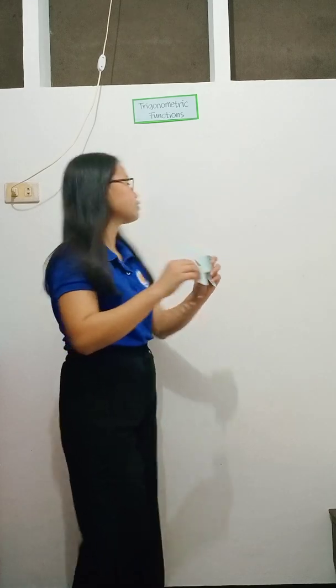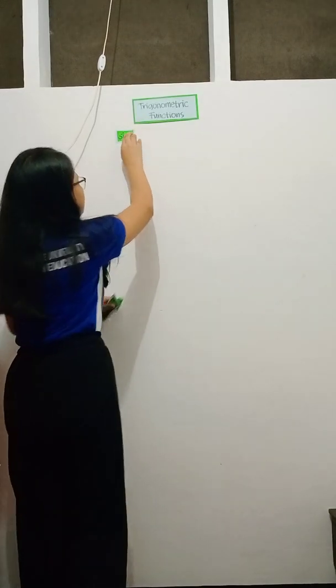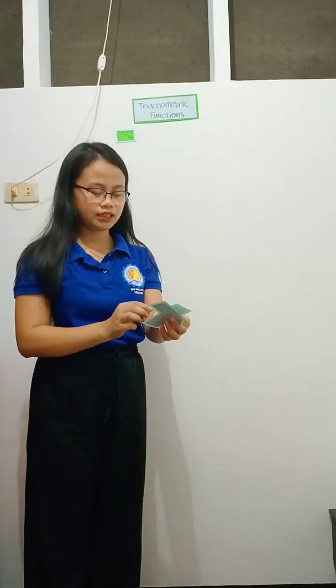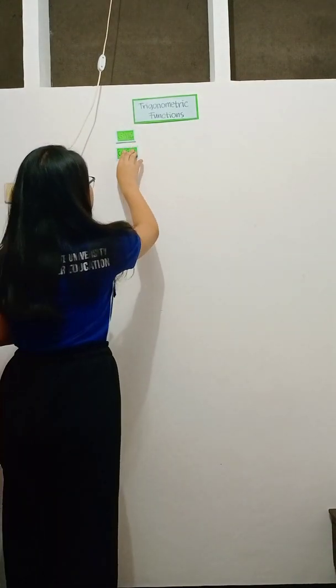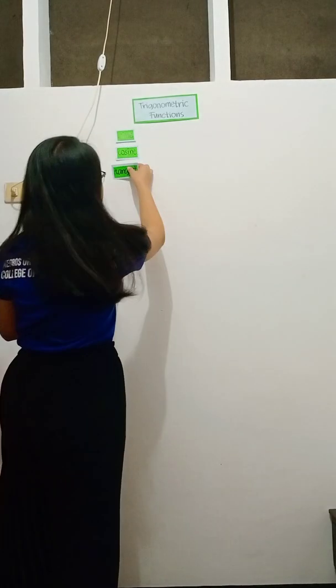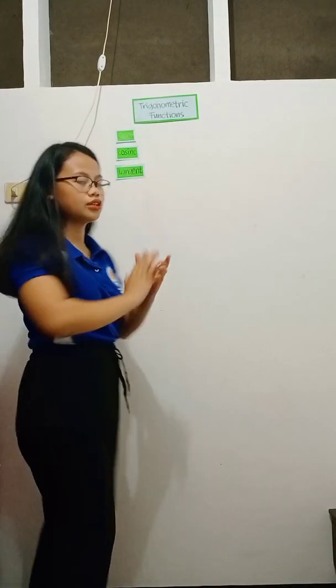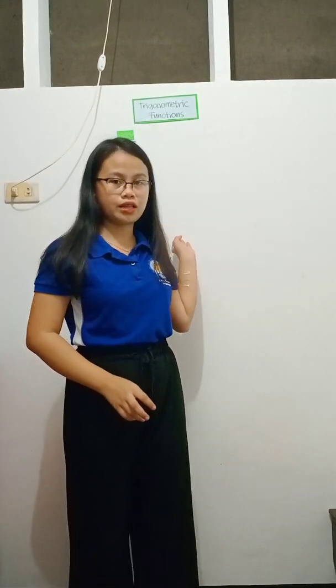First we have the sine. Next, we have cosine. Next, we have tangent. So these 3 are the primary ones.